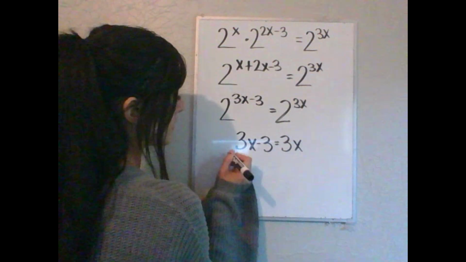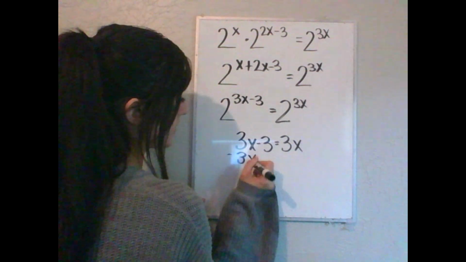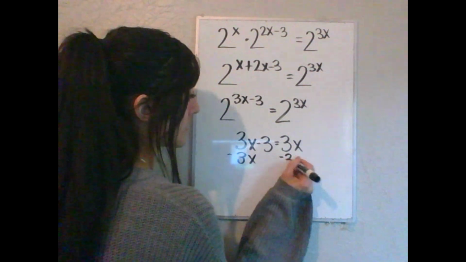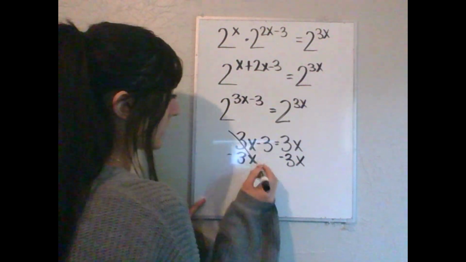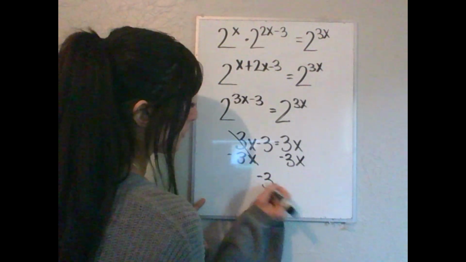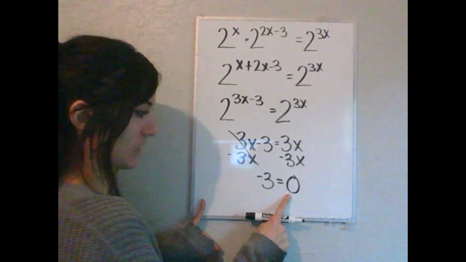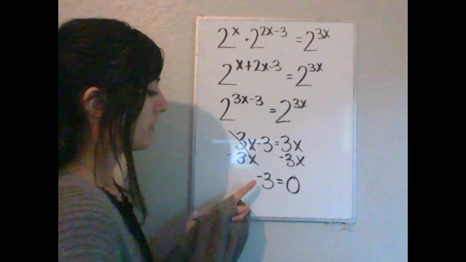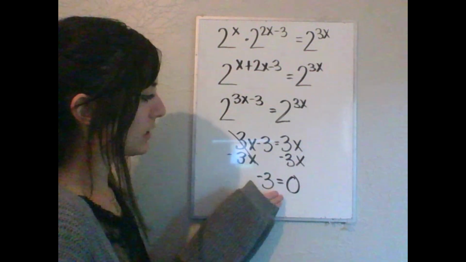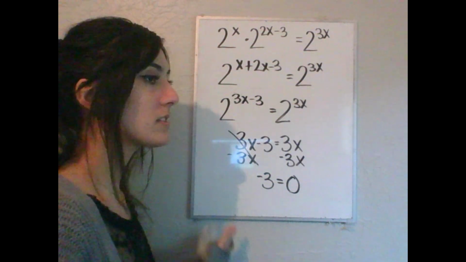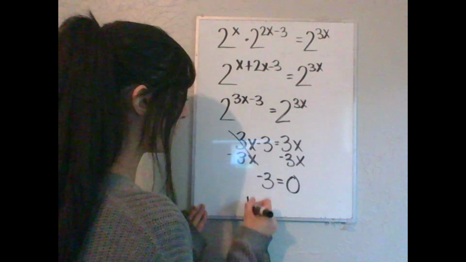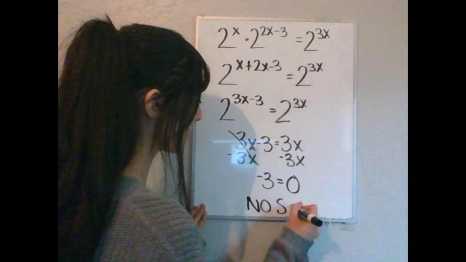So let me move this 3x. I'm just going to say subtract 3x from both sides. It's going to cancel out here. I get negative 3 equals 3x minus 3x also cancels out to 0. So I have negative 3 equals 0, which is a false statement. Therefore, there is no solution.